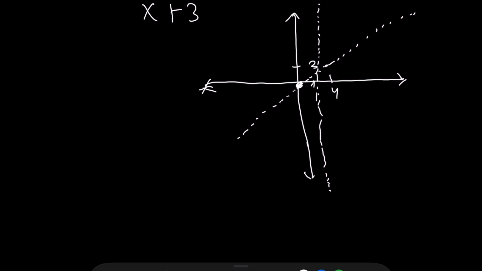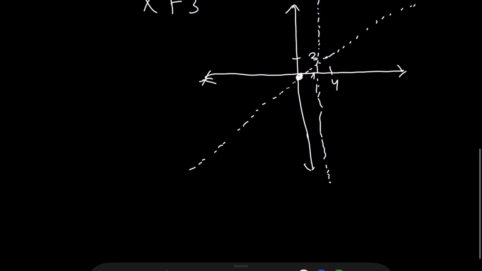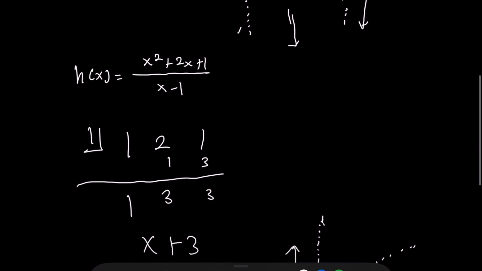So in other words, all we need now are points that describe what the function does, and then we should be good. So I'm going to see if it actually has any zeros. Actually, this factors nicely.